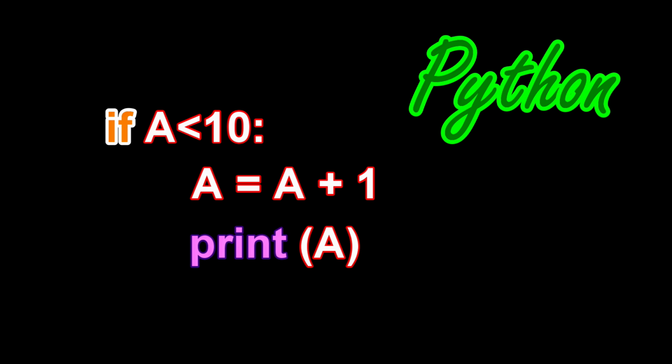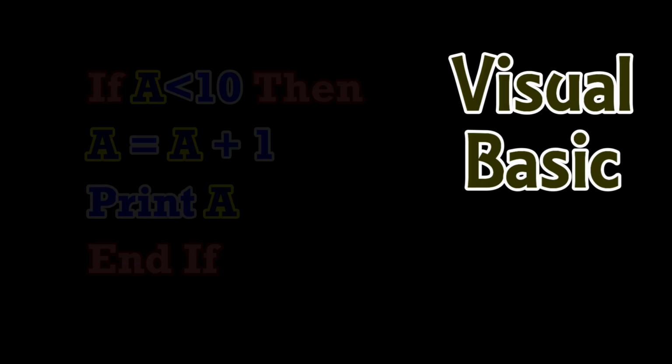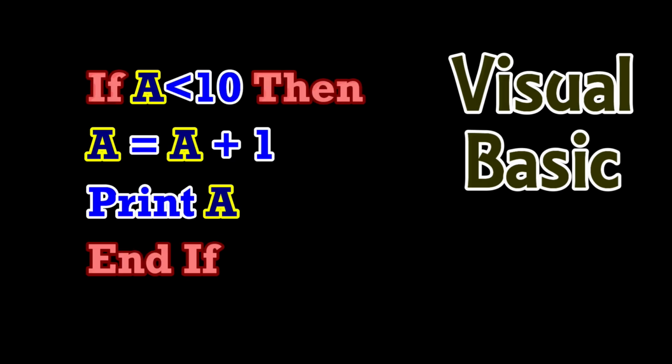Here, if the value of the variable a is less than 10, the statements inside the if statement will be executed. But if the value of the variable a is not less than 10, then the statements inside the if statement will be skipped. Here is how the same statement appears in another programming language.